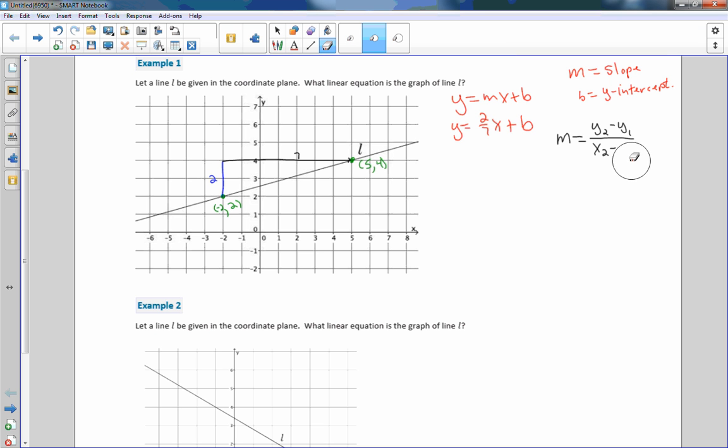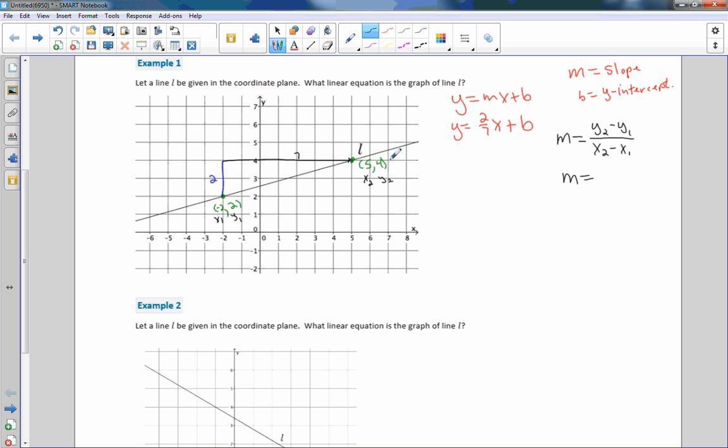Okay, so it's y2 minus y1 over x2 minus x1. So if I label this x1, y1, this is my first point reading left to right, and we can find our slope this way.